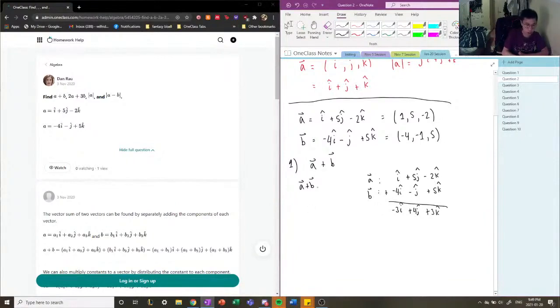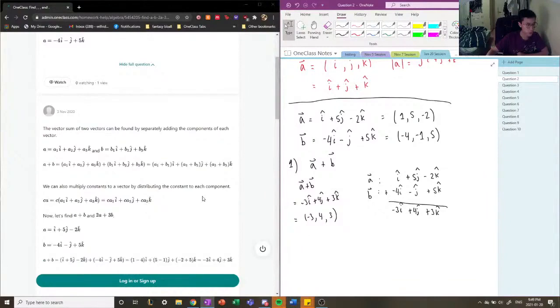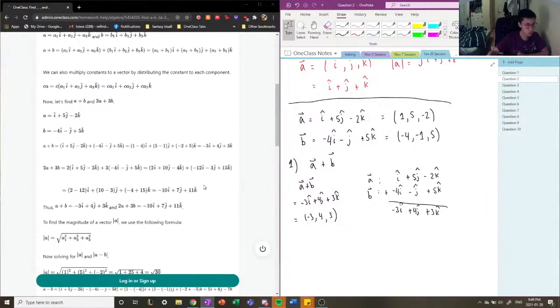So vector A plus B is going to be negative 3i plus 4j plus 3k. Let me just write this out in coordinate form to keep the notation consistent. So that's the answer there.